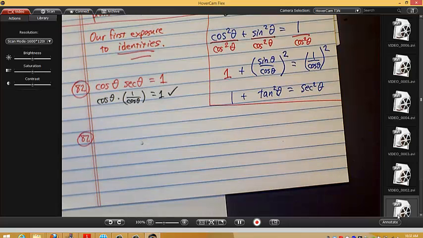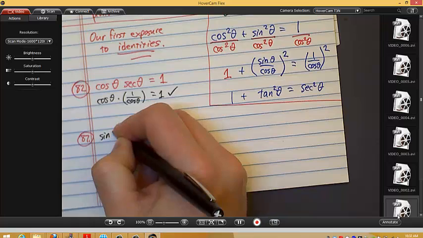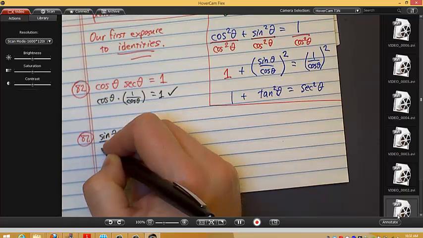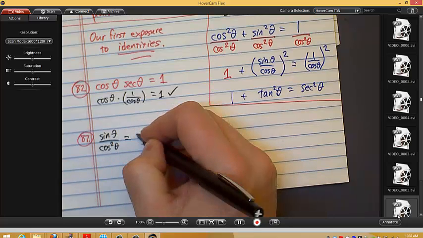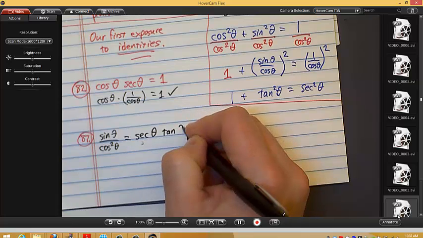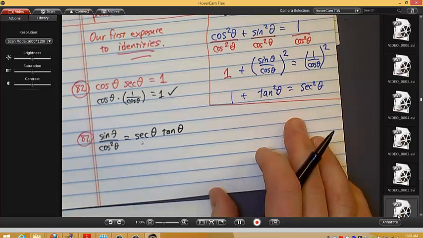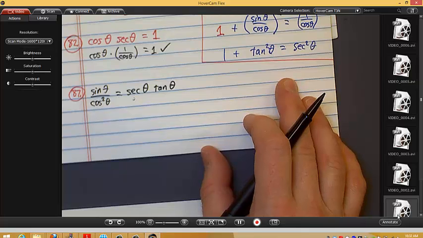Let's try 87. So 87 says we have the sine of theta over cosine squared theta equals the secant of theta times the tangent of theta. Is that true? Why is that true, is what I should say.